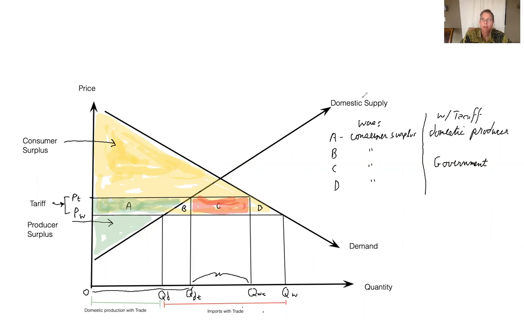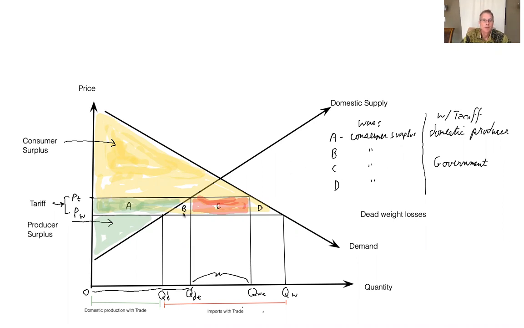So that's okay. The two areas that are really kind of the problem for economists are B and D. And both of those go under the overall term of dead weight losses. So these are losses that nobody recovers, nobody gets back.